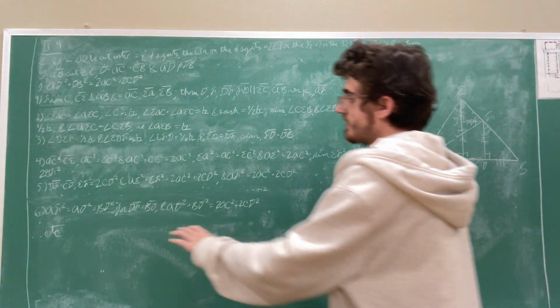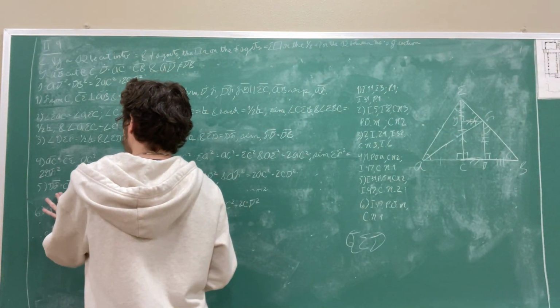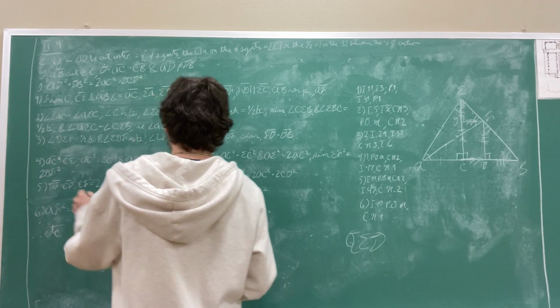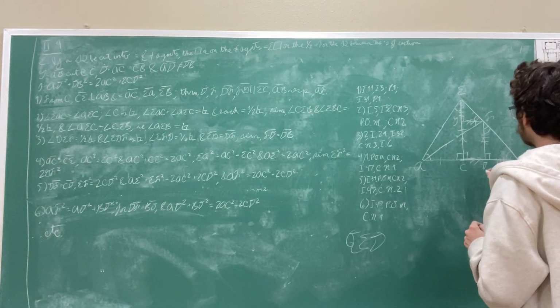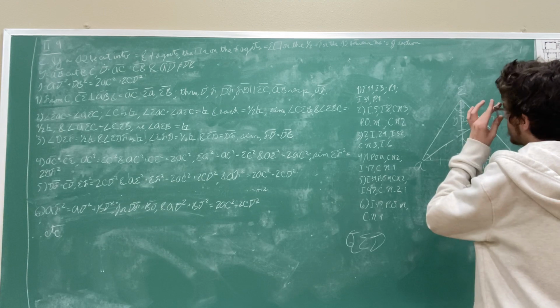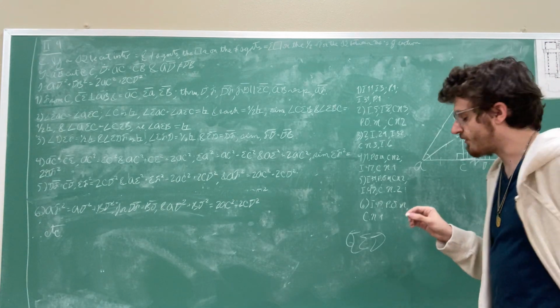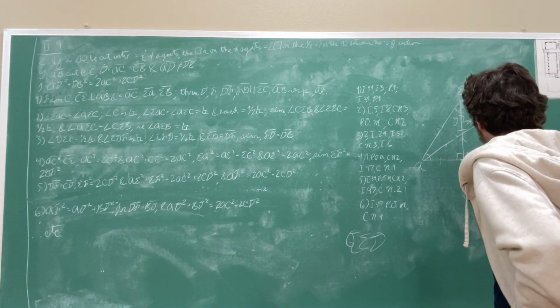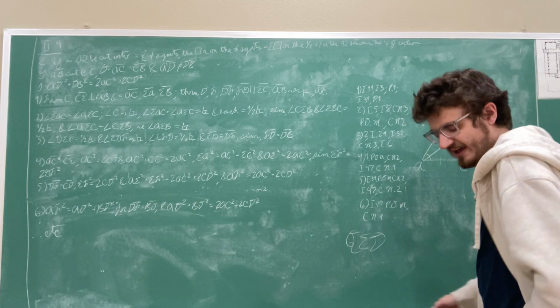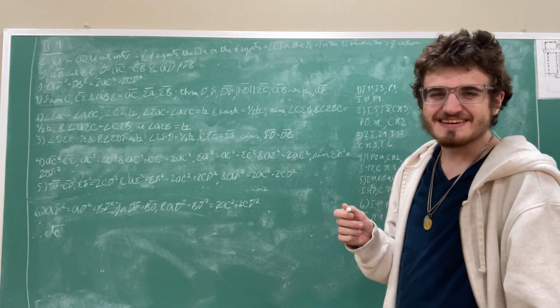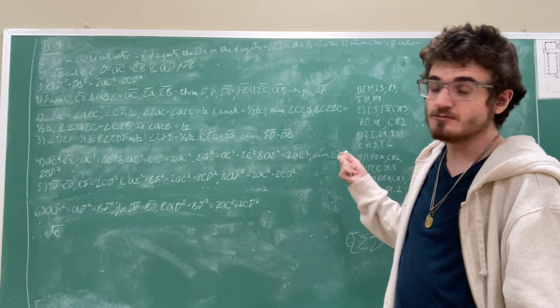Awesome. Now, we know also that GF is equal to CD. We know this by proposition 134 because we're dealing with a parallelogram, GD. And so the opposite sides, in this case GF and CD, will be equal.